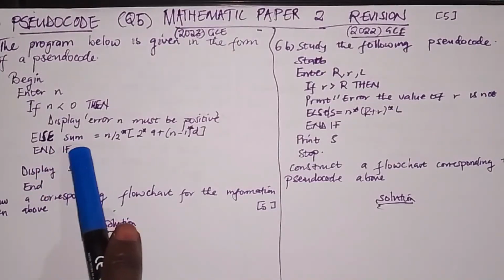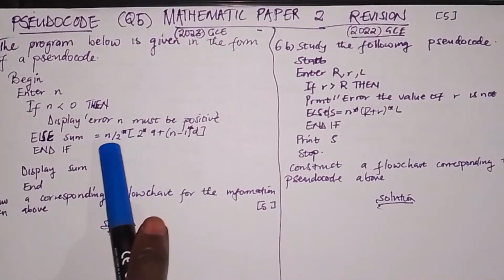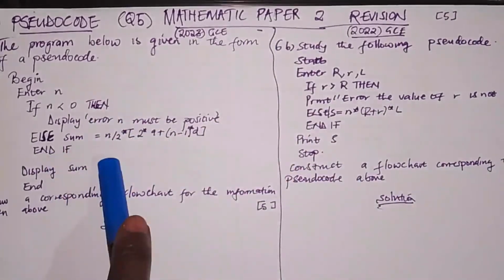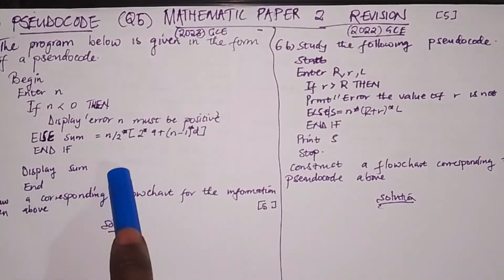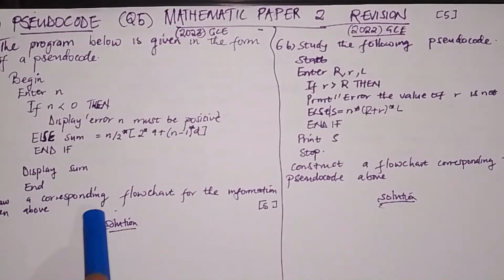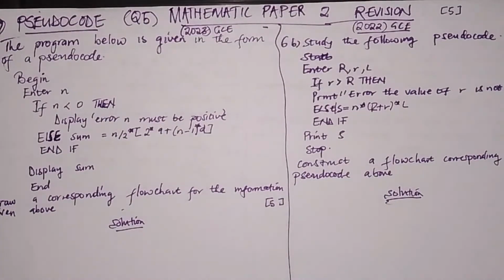Else, sum is equal to n divided by 2, comma, the formula. End if, display sum, end. Draw a corresponding flowchart for the information given above. So here we are required to draw a flowchart.